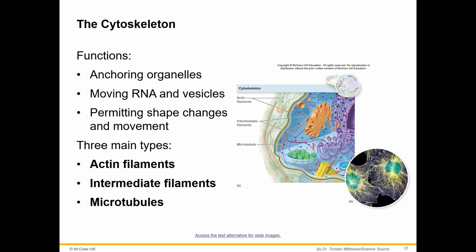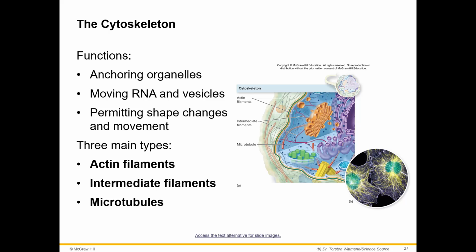And then cells have a cytoskeleton. So the functions of the cytoskeleton include anchoring organelles, moving RNA and vesicles around, and permitting the shape changes and movement of the cell. There's three main types of cytoskeleton filaments. Actin filaments are the thinnest. Intermediate filaments are intermediate in size.